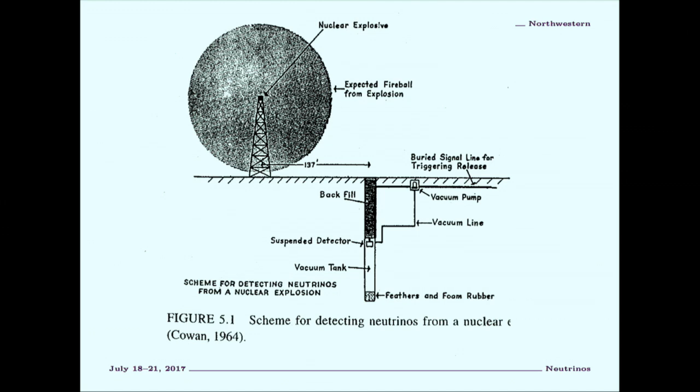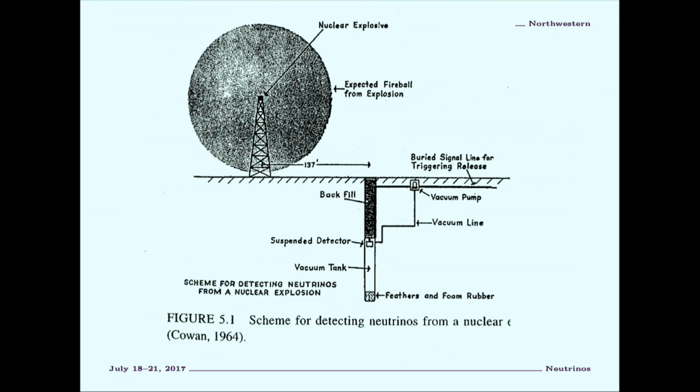Now, there's some technical difficulties. The biggest one is that you will have your detector here, and you want to turn on your detector while a bomb is going off right next to it. That's a very difficult experiment. Their solution, presented here from their proposal, is that when the bomb went off, they would let the detector fall.